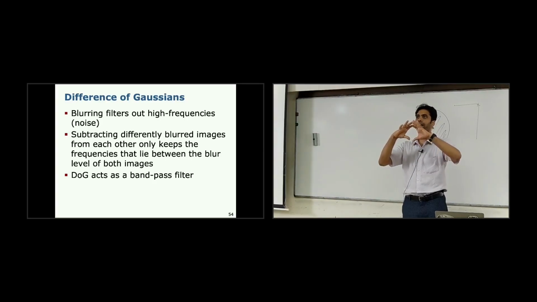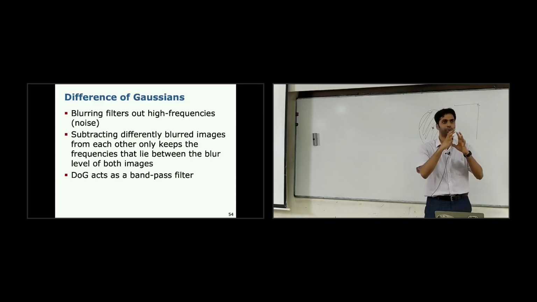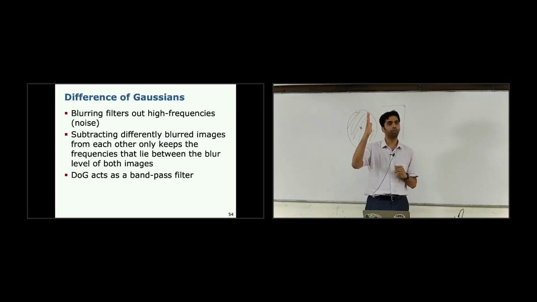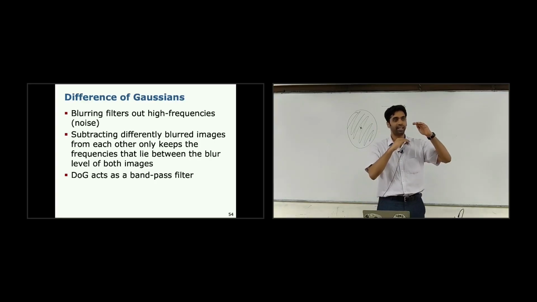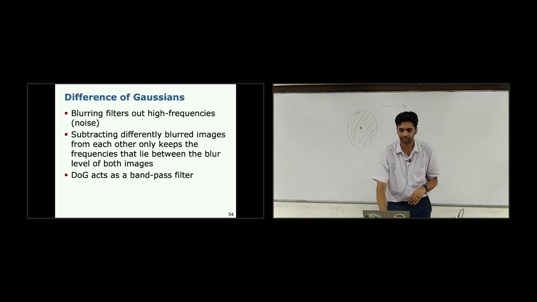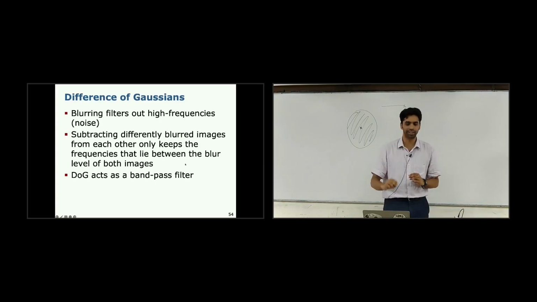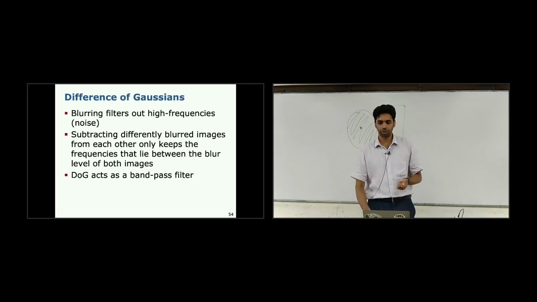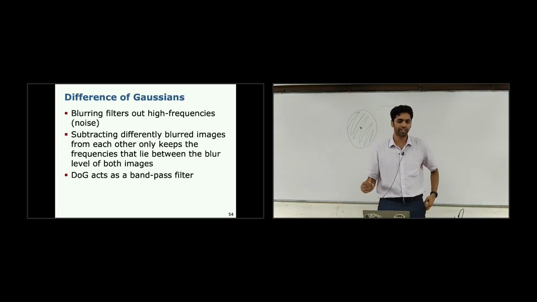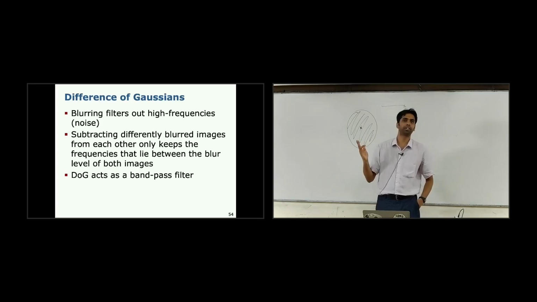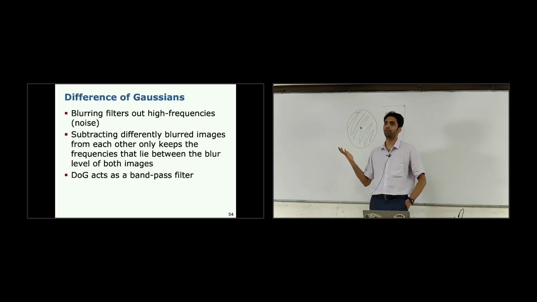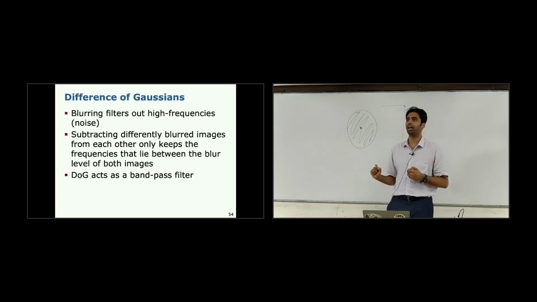When you want to find big chunks of uniquely identifiable things, you want to blur out the things that change at high frequency. By looking at the difference of these blurred images, we only look at the frequencies that lie between the two levels. For those of you who are studying maybe communications or electronics, this is essentially a bandpass filter. So the difference of Gaussian is doing a bandpass filtering on your image to find interesting points which can be re-identified.